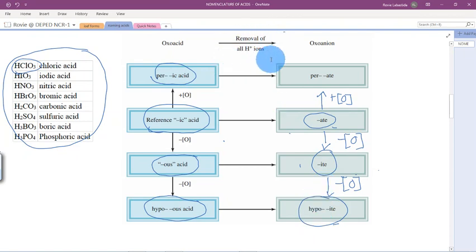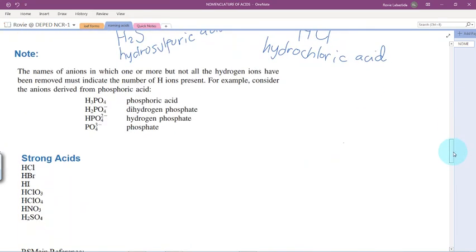Because all the hydrogen ions are removed from the oxoacid, it will become an oxoanion. However, in this special note, hydrogen ions have been removed but not all.